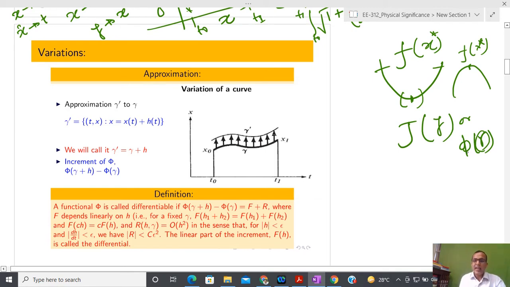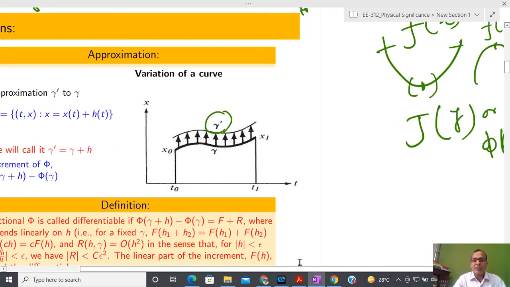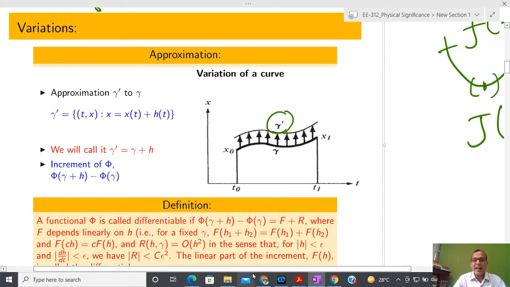For that reason, whenever I talk about variation, I assume that I have some function gamma, and nearby gamma I have something like gamma dash. That is required whenever we formulate this kind of problem: an initial function gamma and its approximation gamma dash.